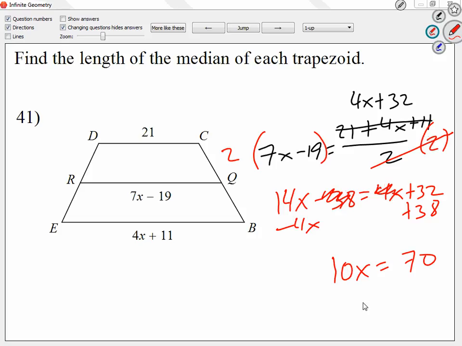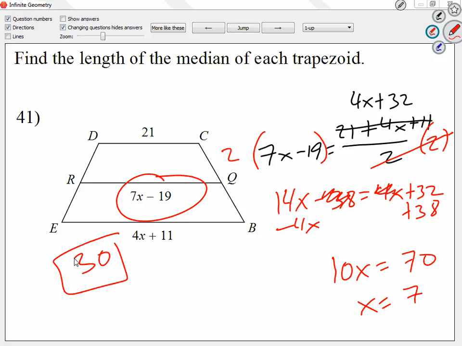So 10x equals 70, what's x? 7. So remember, the instructions are find the length of the median. The median is 7x minus 19. How much is that? 30. Perfect. Right, 49 minus 19, 30.